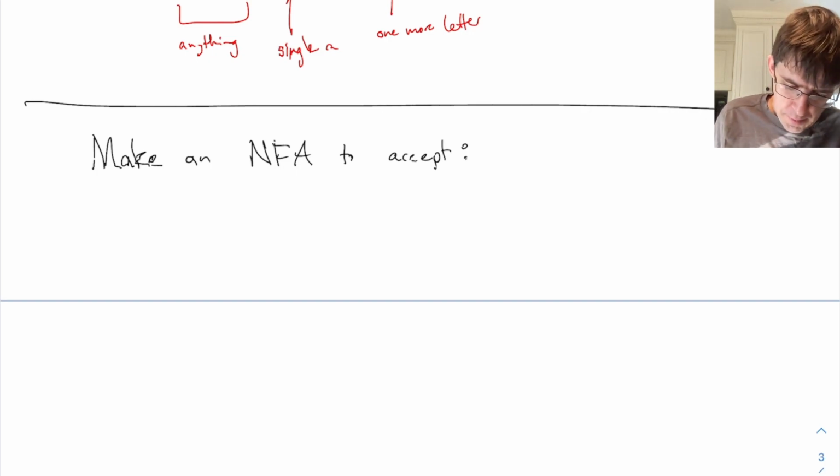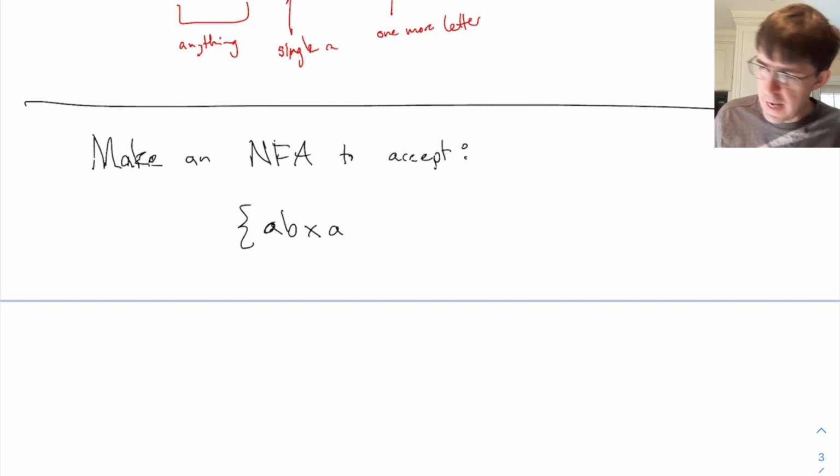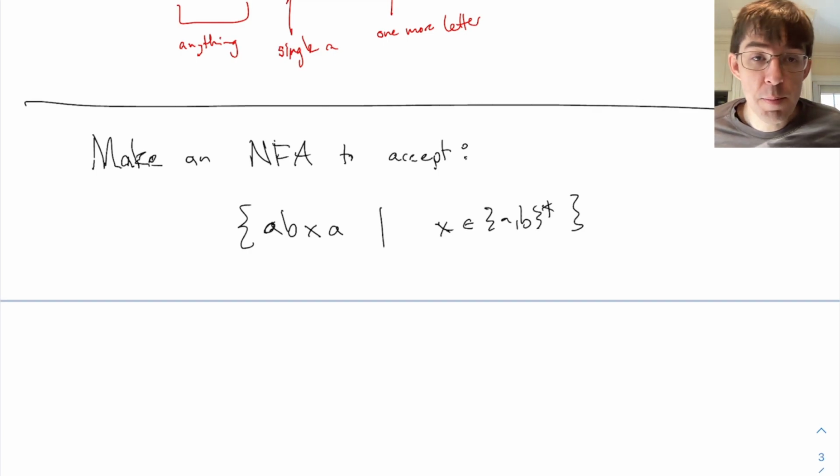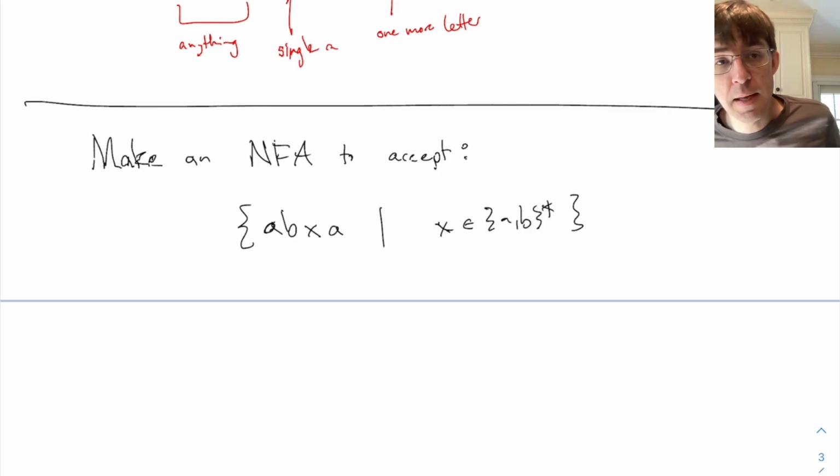I got 3 of them. How about AB X A, where X is in (AB) star. So that means it starts with an A and then a B and then has whatever and then ends with an A, right?